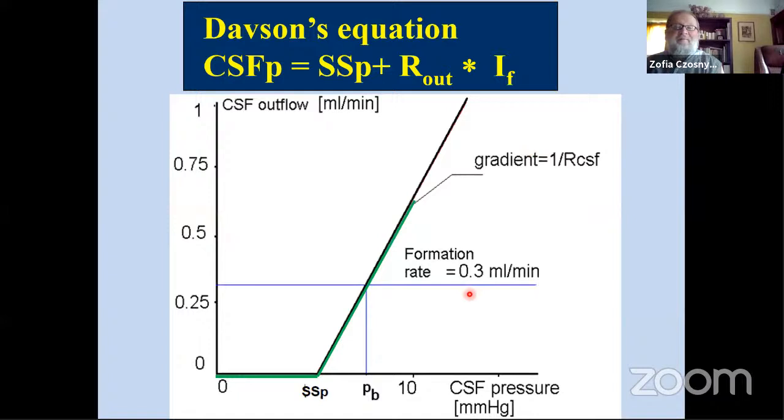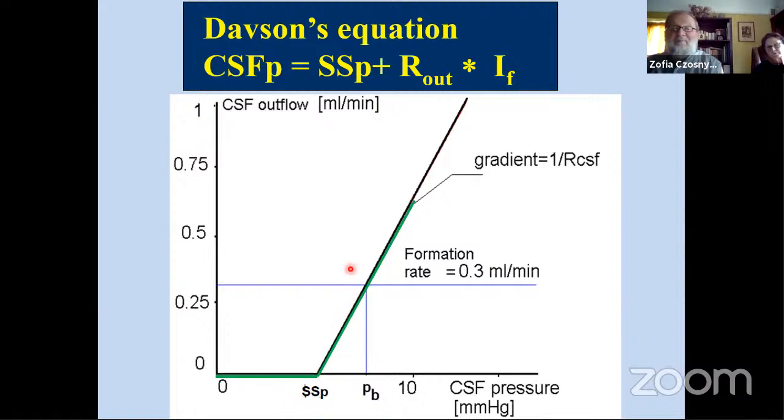We start from resistance to CSF outflow. This is the relationship between cerebrospinal fluid outflow and cerebrospinal fluid pressure or intracranial pressure. Sometimes we will be using intracranial pressure and sometimes cerebrospinal fluid pressure. When pressure increases above sagittal sinus pressure, outflow starts.